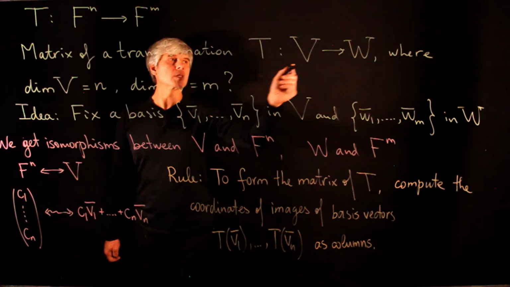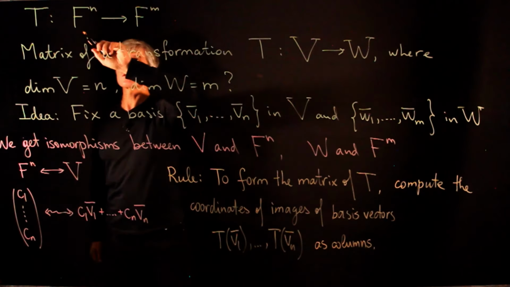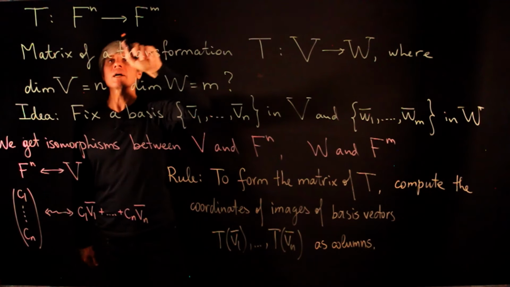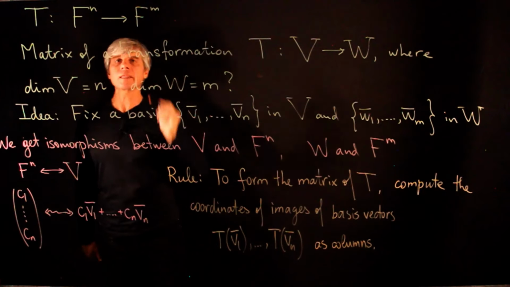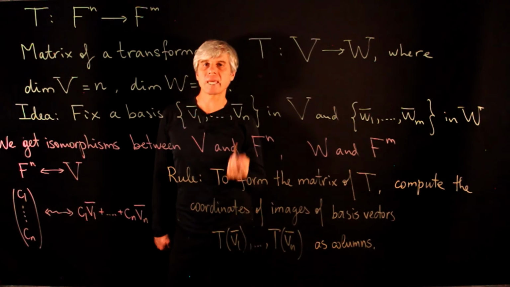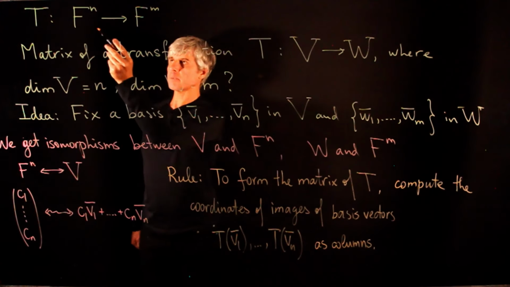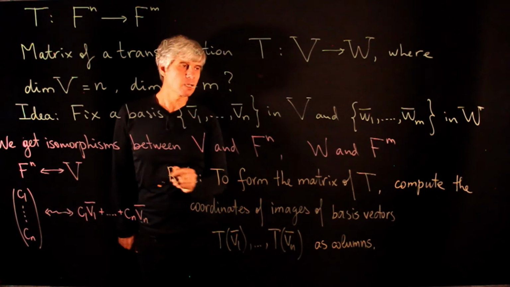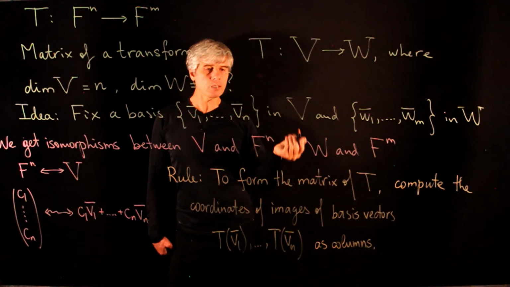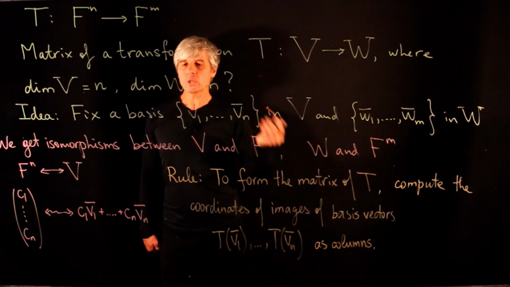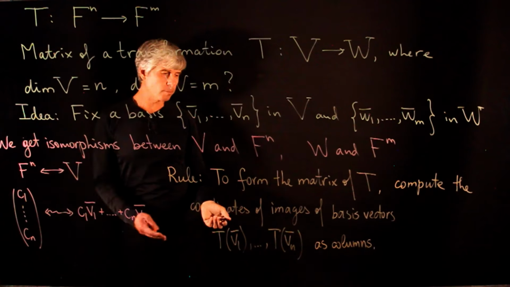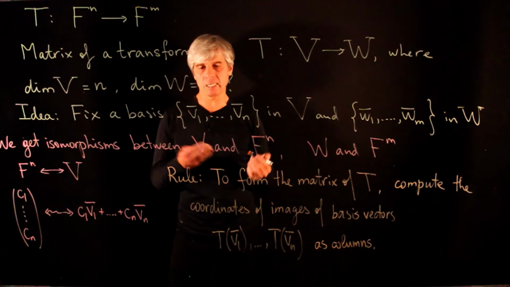The difference between this case and the case of the spaces Fn and Fm is that in the space Fn, we already have a canonical basis, a standard basis that comes with the space. If we have a vector space without a basis, then to form matrices, we need to fix a basis.